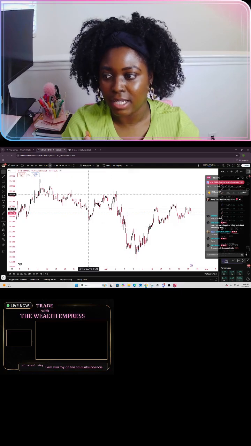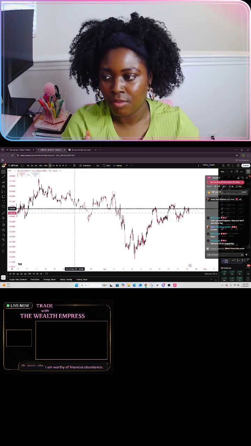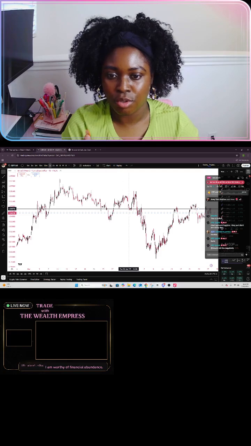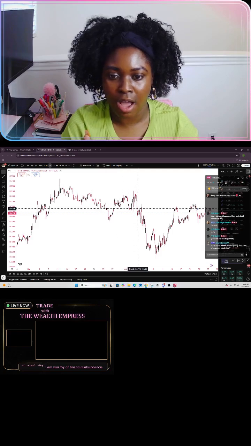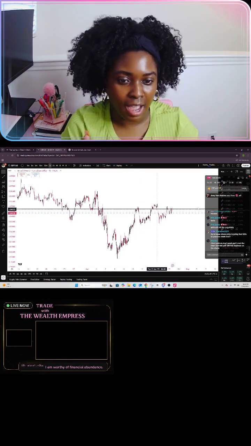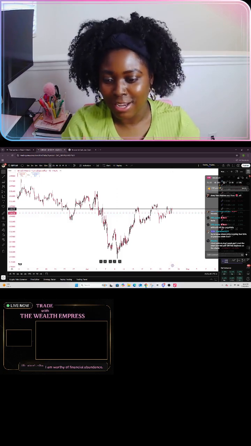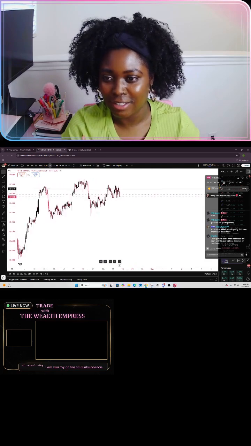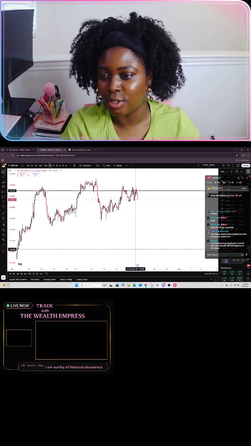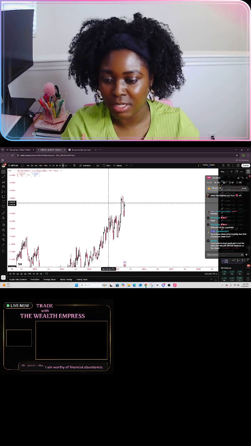It's a magnet. All the way over here, 1, 2, 3, 4, 5, 6, 7, 8, 9, 10, 11, 12. Price is still hanging around this area, so I want to make sure before I trade away from this area.